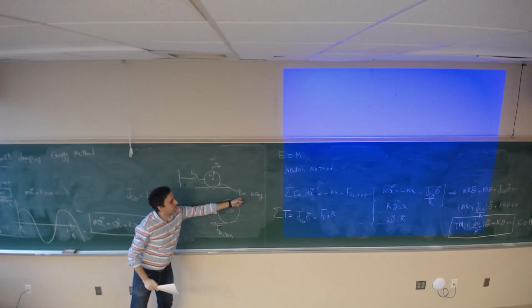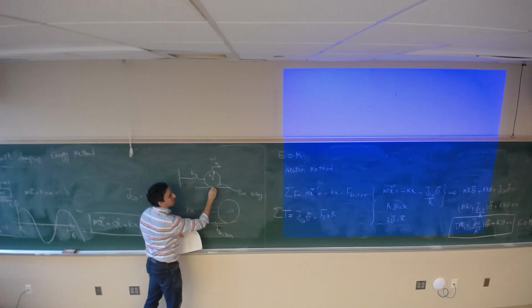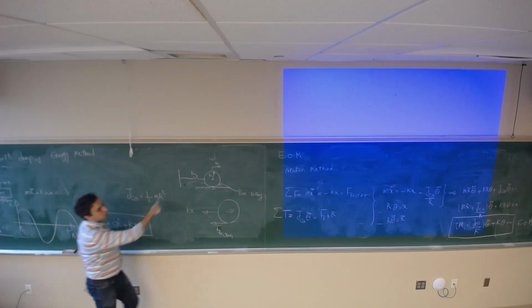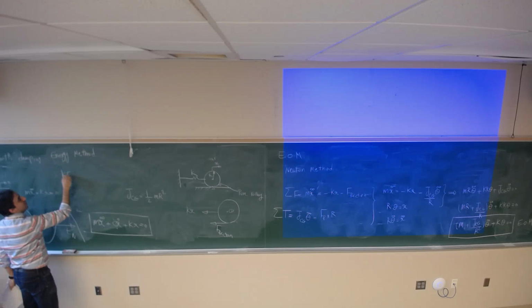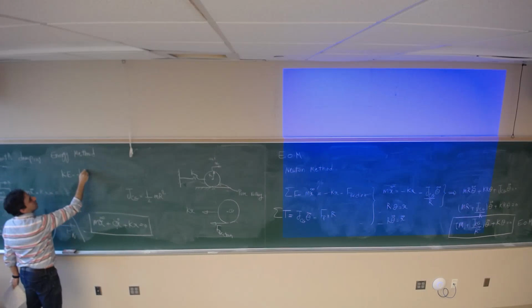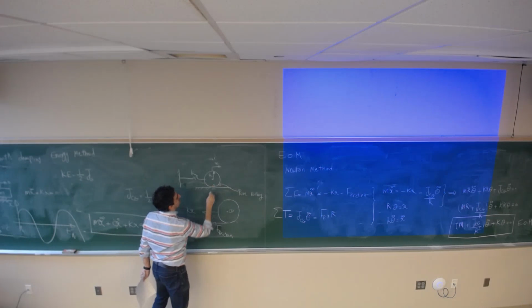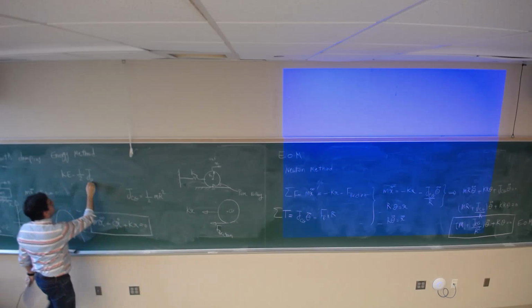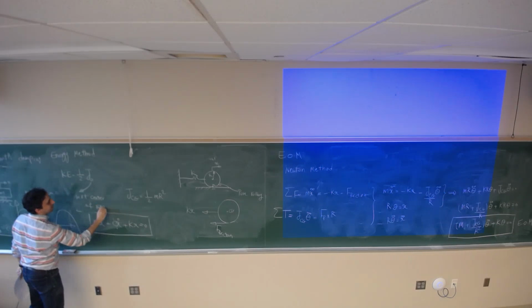I said it's a pure rolling. If this is pure rolling, it means we have pure rotation about the center of rotation, which is this point. Pure rotation with respect to this point. So kinetic energy, if you have pure rotation, is going to be half of J with respect to the center of rotation, if I call it O, not the center of gravity, the center of rotation.